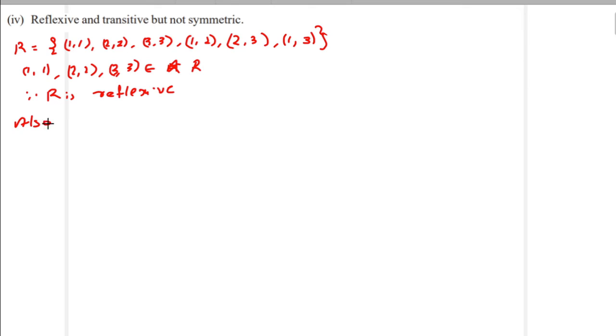Also (1, 2) belongs to R and (2, 3) belongs to R. This implies (1, 3) also belongs to R. Therefore R is transitive.